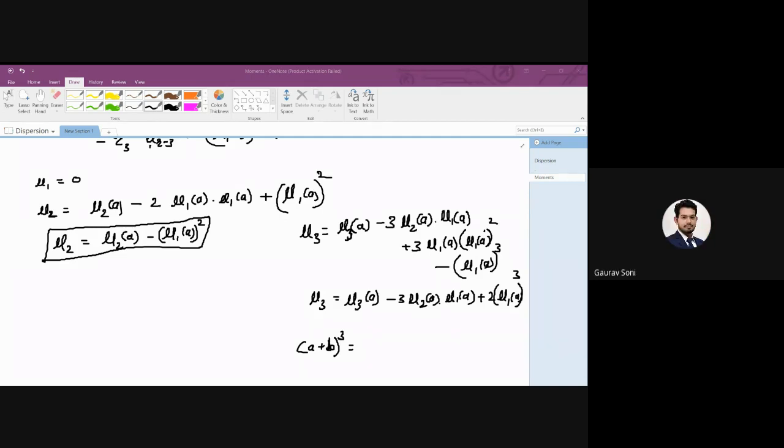Can you tell me A plus B cube? A plus B whole cube minus 3AB into A plus B. Okay, no problem. Mrunal?